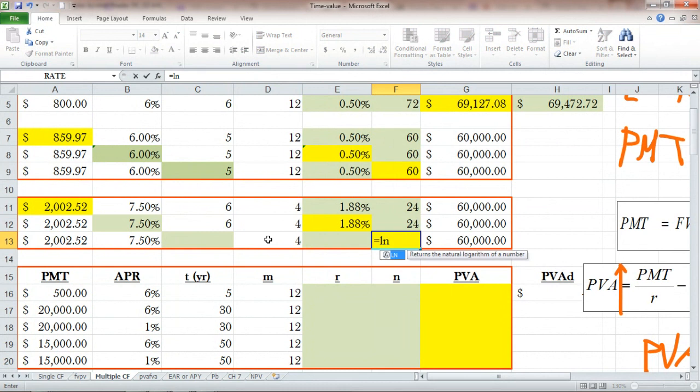Now, finding n. So natural log of future value over payment, times, okay, and then what? R. Oh, so R is there. It's not filled in, but it's going to be filled in after I complete the formula, right? Plus 1, divided by natural log of 1 plus R. 1 plus R is missing.